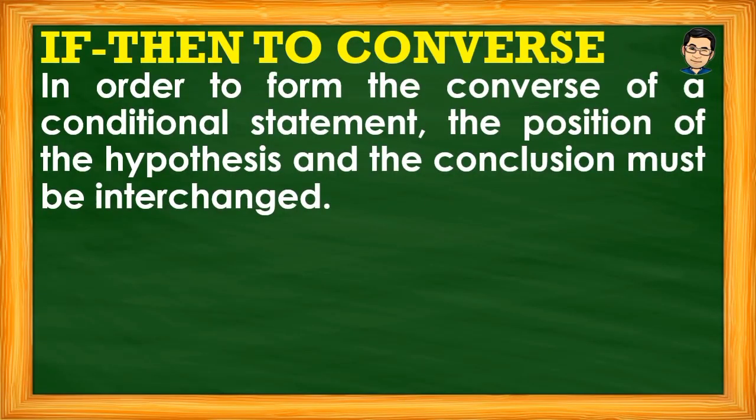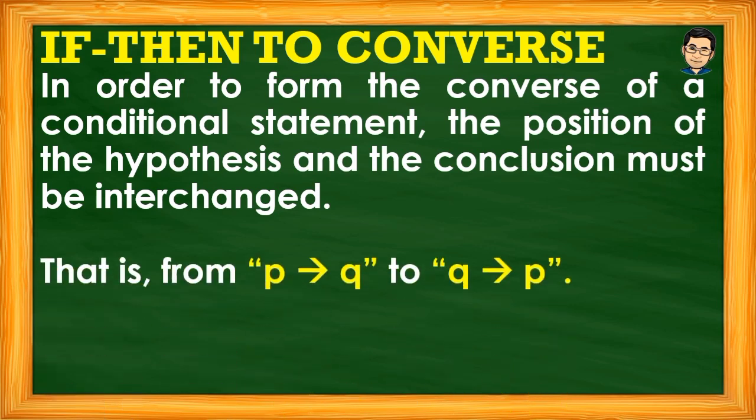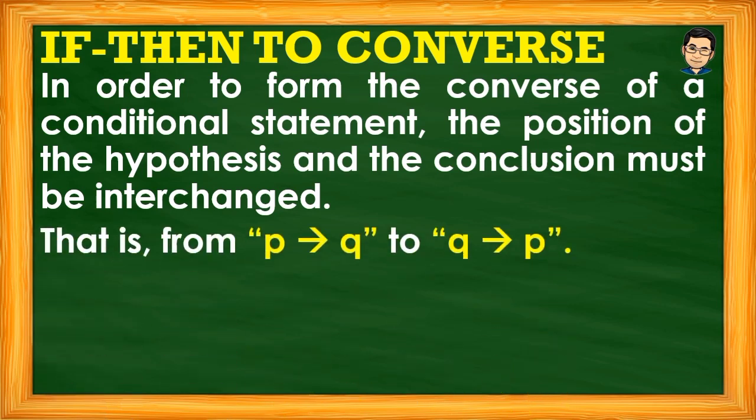So in order to form the converse of a conditional statement, the position of the hypothesis and the conclusion must be interchanged. So sa madaling salita, pagpapalitin lang po natin ang posisyon ng hypothesis and conclusion. That is, from P implies Q, it will become Q implies P. Okay, so yan lang po yung pag-transform ng if-then to converse statement.